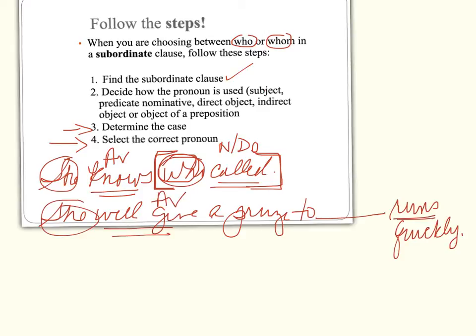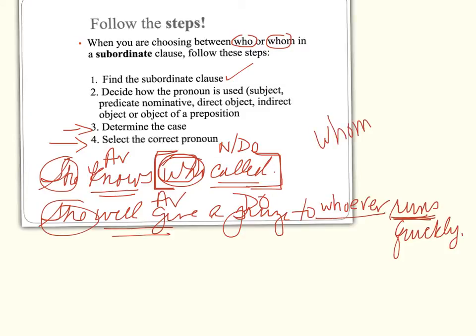Runs is an action verb. Let's go back and see what the story is on will give. Will give what? A prize. Prize is the direct object. So now I have this clause, and in that clause I need a subject for that verb. So the correct answer here is whoever. Whoever is a nominative case pronoun.